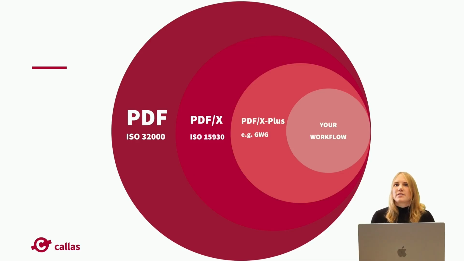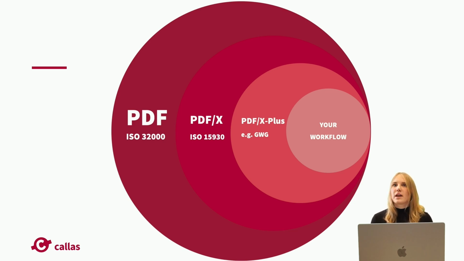Yeah, so maybe let's briefly summarize what I've talked about. If you use a pdfX Plus as a base and clearly understand what additional rules are needed for a particular job or print product and how to integrate this to your Preflight, you will be one big step closer to automation.